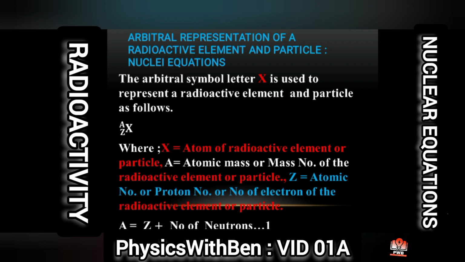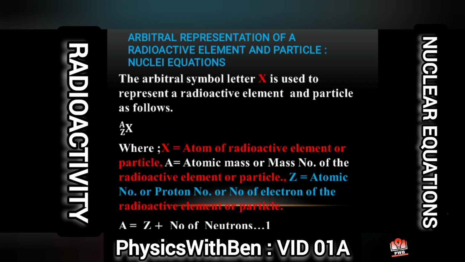The superscript stands for the mass number, the atomic mass of the radioactive element or particle. And then the Z subscript is representing the atomic number or proton number or number of electrons of the radioactive element or radioactive particle.